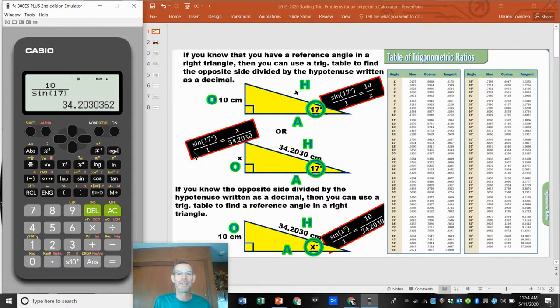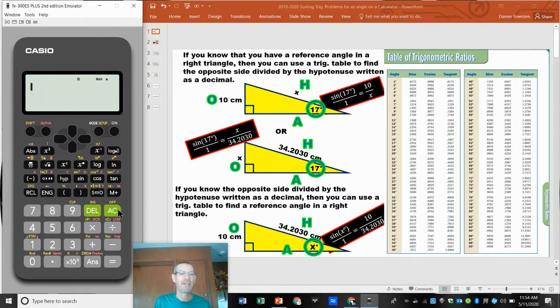So my equation is going to be sine of 17 over 1 equals the opposite over the hypotenuse. And so this time, to solve the problem, I don't need to use the commutative property. I'm just going to multiply x times 1 and get x, and multiply 34.2030 times the sine of 17.